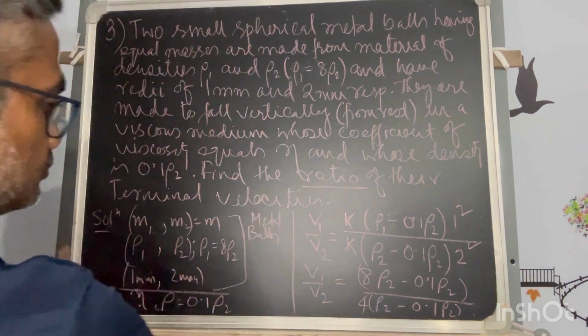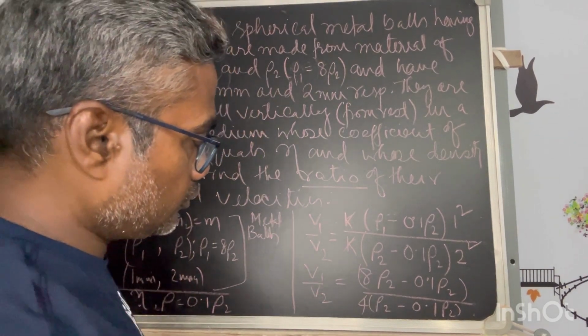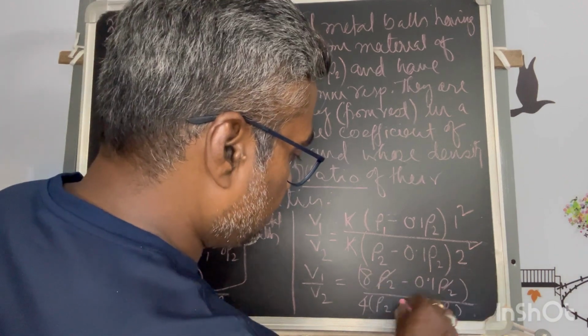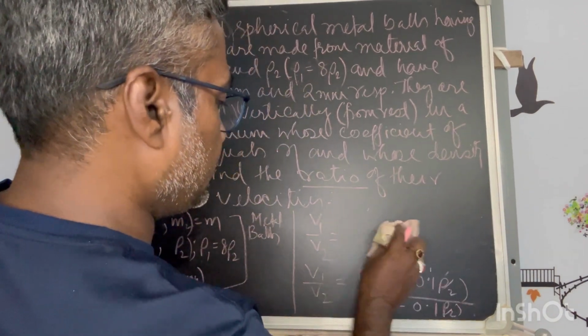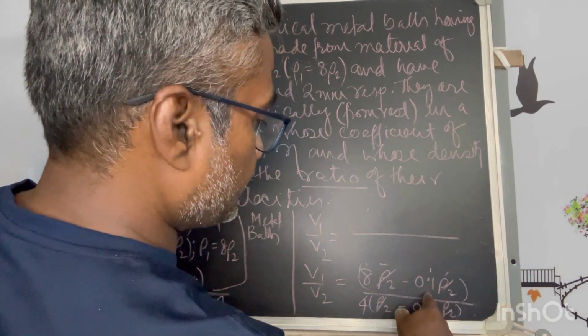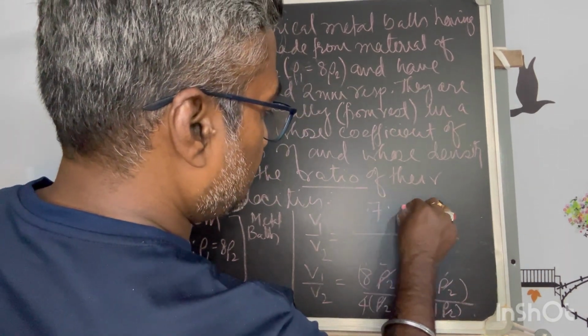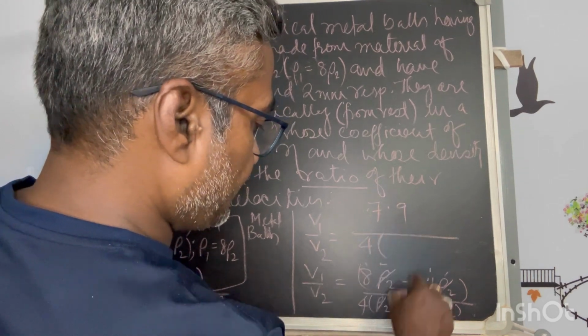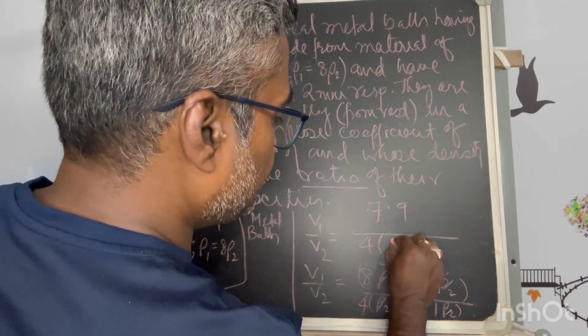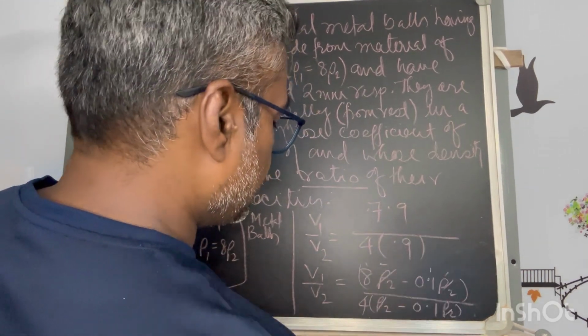Rho 2 everywhere can be cancelled out, taking it common. What remains is 8 minus 0.1, that means 7.9, and 4 into 1 minus 0.1, that means 0.9, isn't it?